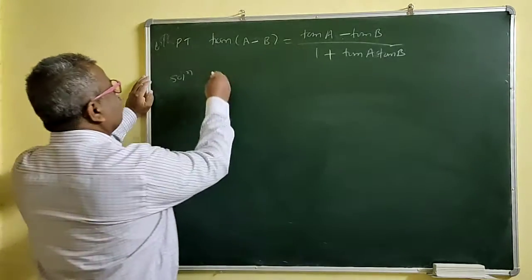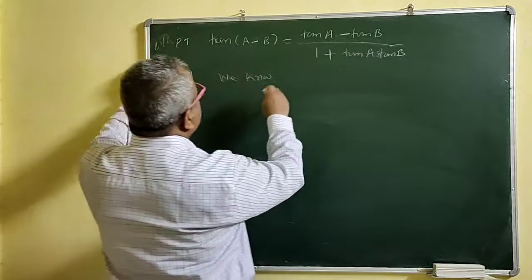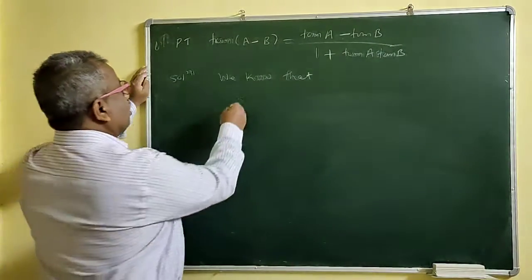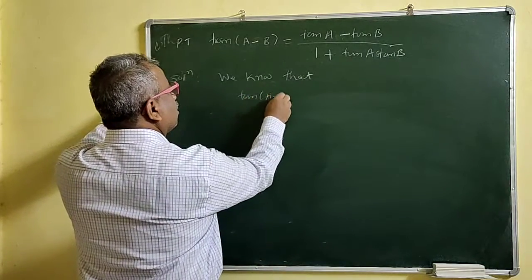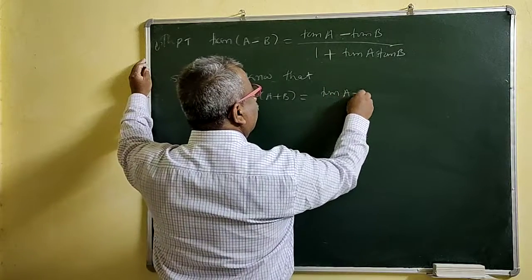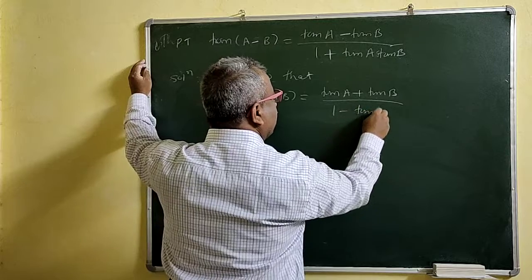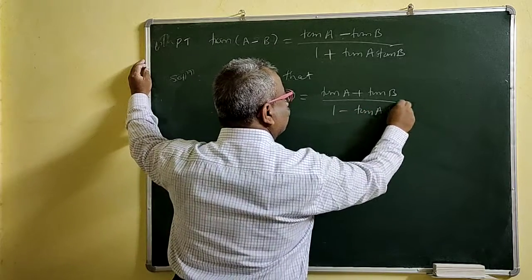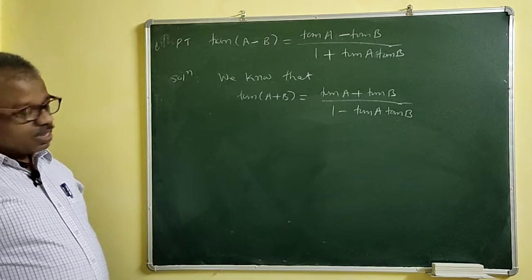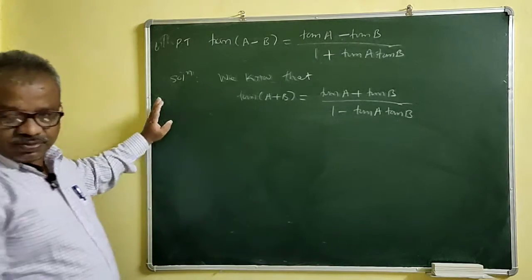So we'll write this as, we know that, we can say this also in mathematics. We know that tan of (A plus B) is equal to tan A plus tan B upon 1 minus tan A tan B. This formula is known to you. So what we will do here, we will replace B by minus B now, right?